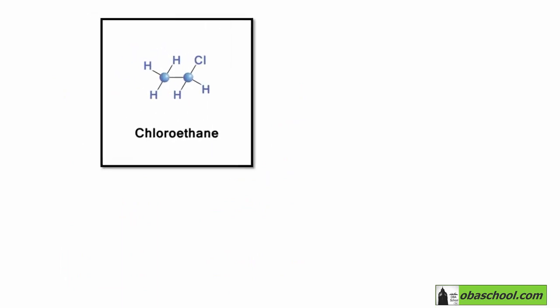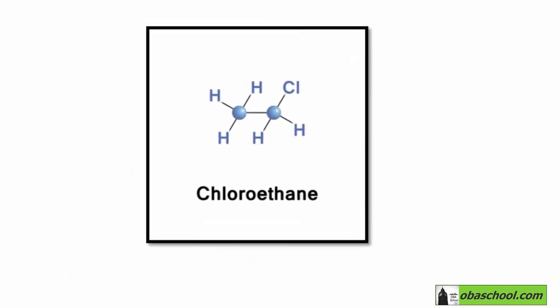For example, we have this compound. Let's start with finding the longest hydrocarbon chain. This is a carbon atom, so we have 2 carbon atoms only. So the root will be eth. Because all the bonds are single, each carbon atom has 4 bonds, which means that this bond is a single bond.